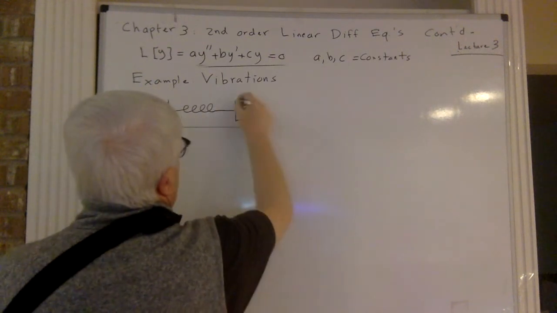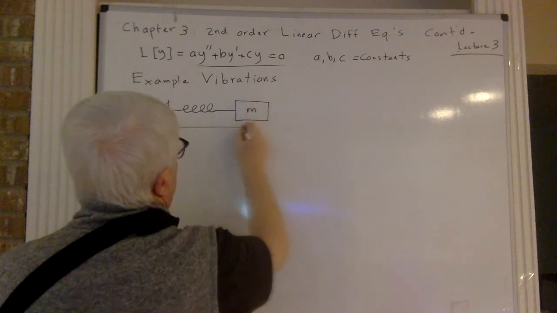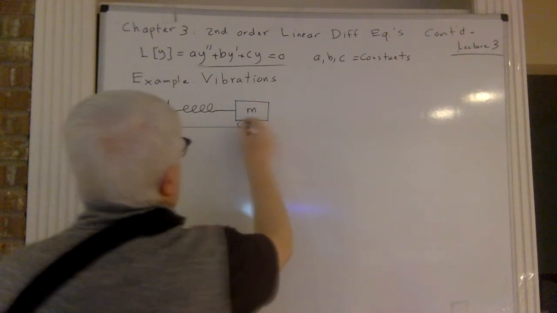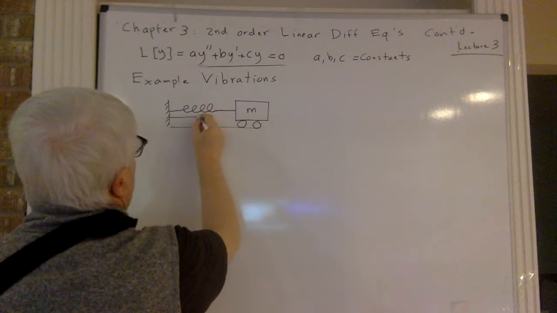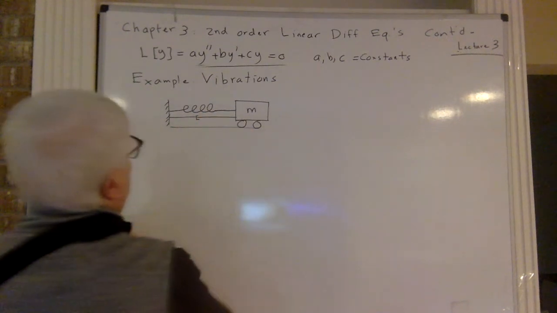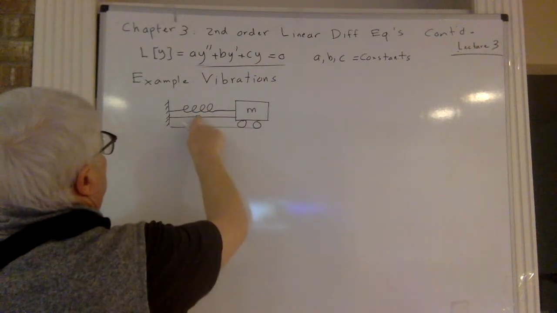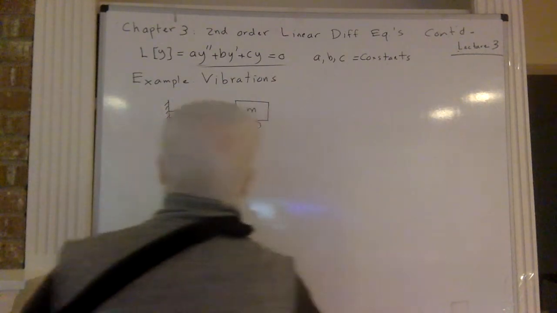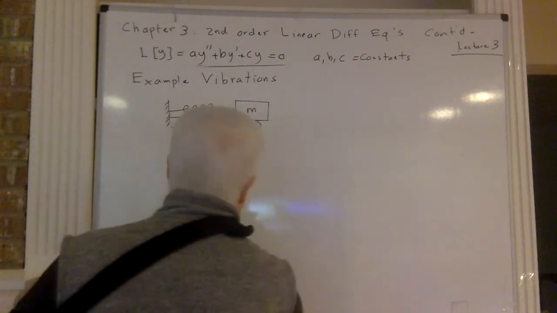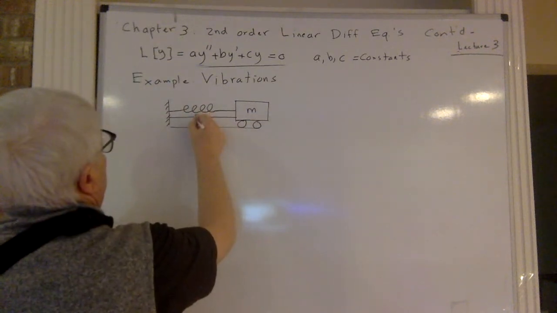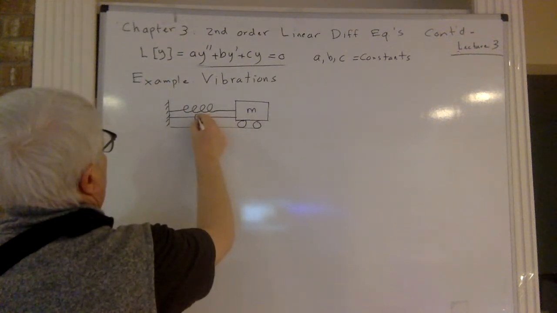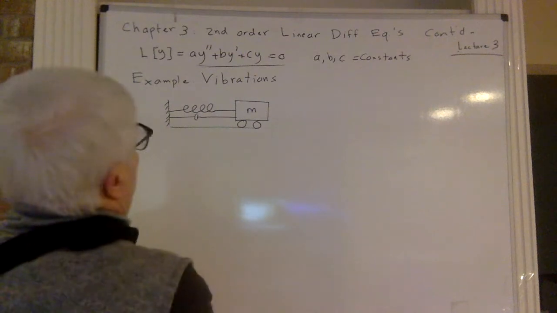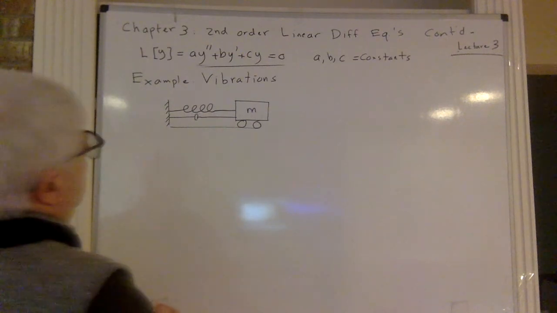So this is spring, mass, damper system. This is M. And there is a damper here too.